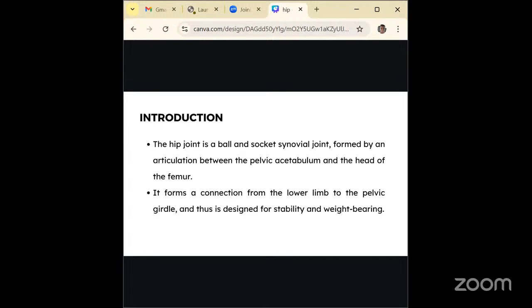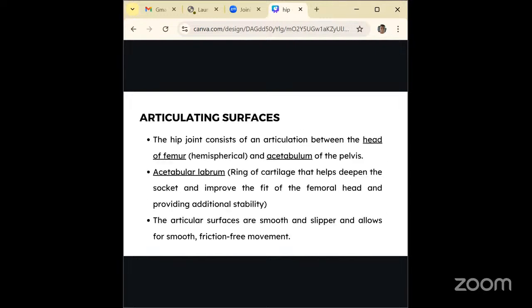You know, the pelvic girdle constitutes the ischium, the pubis, and the ilium, and it's mainly for weight bearing. So let's further investigate this articulating surface. The acetabulum of that pelvis is a cup-shaped depression.